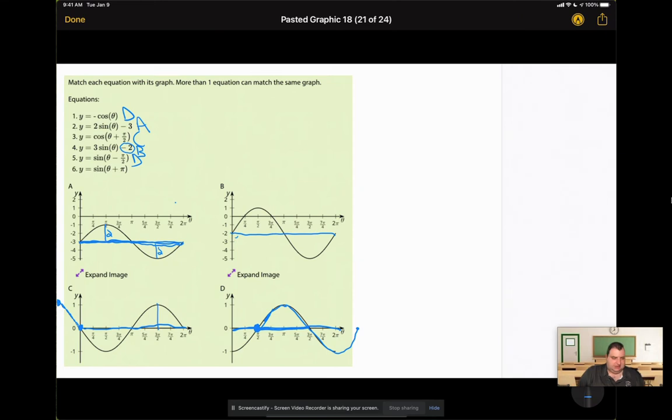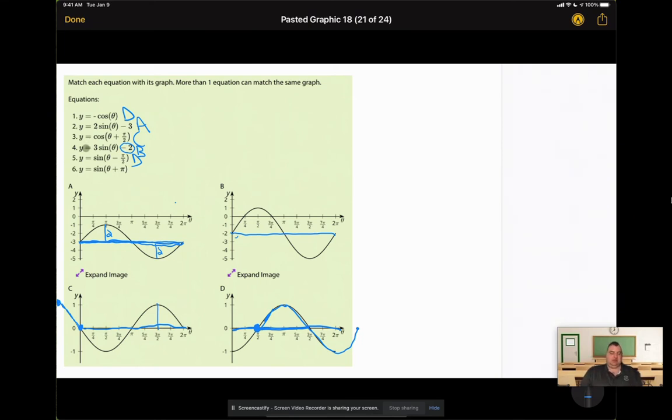Number 6, now we're taking the sine graph and shifting it pi units because of this pi here, and because it's positive, it's going to be shifted pi units to the left.